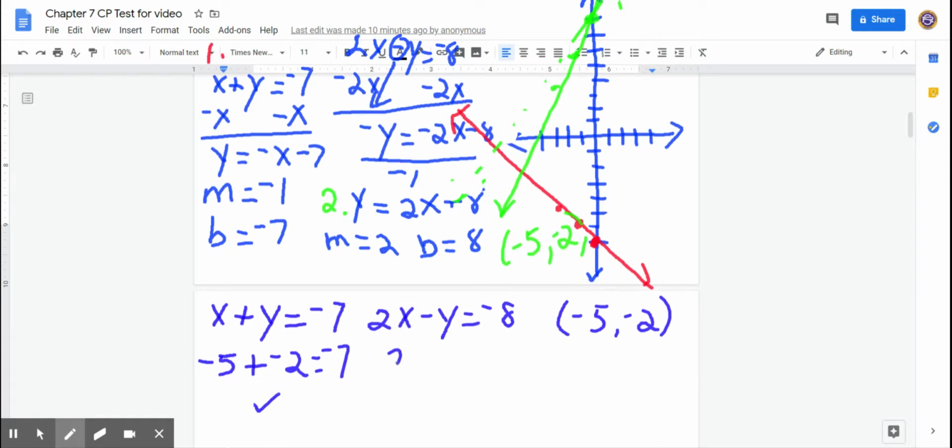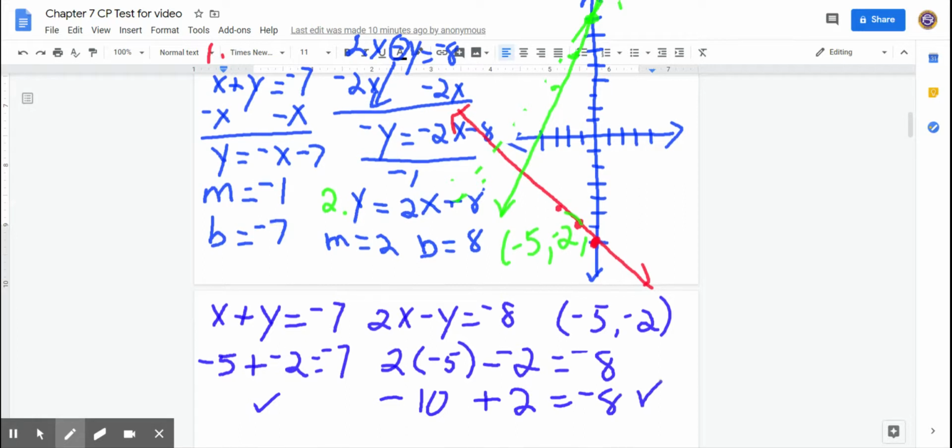This would be 2 times -5 minus a -2 equals -8. That's -10 plus 2 equals -8. That works. -8 equals -8. So you can check your answers every time to make sure that you've chosen the correct ordered pair.